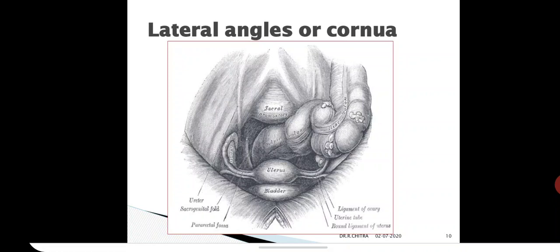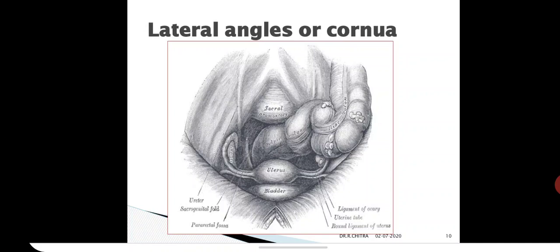Three structures are attached to the lateral angles. You are seeing the uterine tube in the middle, and it is the uppermost structure piercing the musculature of the uterus. Then in front, the proximal part of the round ligament of the uterus. That is in front and below.